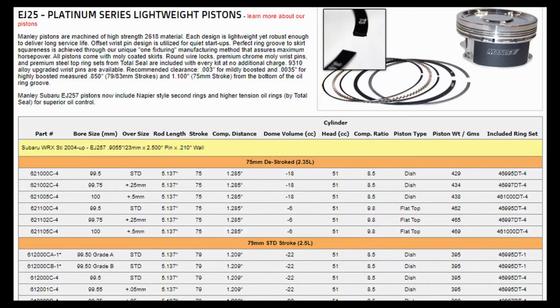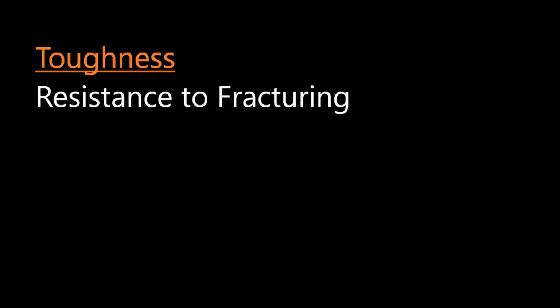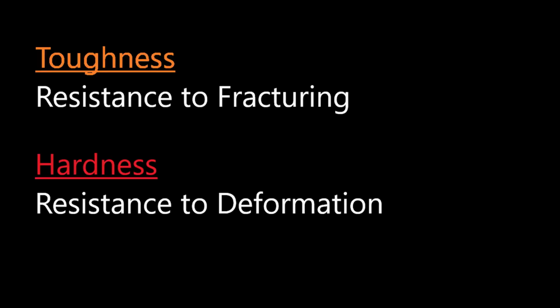Now, I would consider these components as only support if they do not change the compression. Even without changing the compression, they are still designed to be harder and or tougher than their OEM counterparts. And yes, hardness and toughness have different definitions in material science.